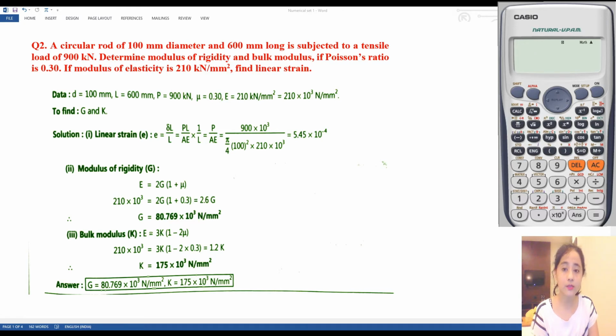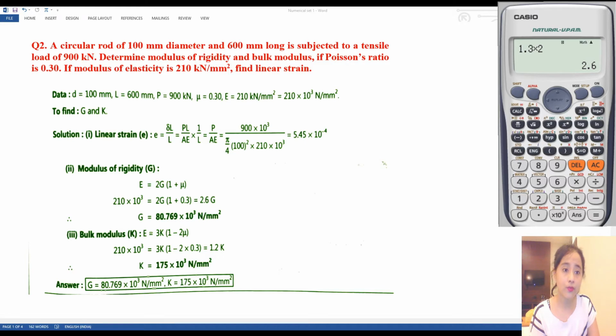1 plus 0.3 is equal to 1.3, right? So we have 1.3 into 2. So we get 2.6 G. First we solved inside the bracket, and after solving inside the bracket, we multiplied by 2. G remains as it is, so we have 2.6 G. Okay. Now from here we can find the value of G easily.